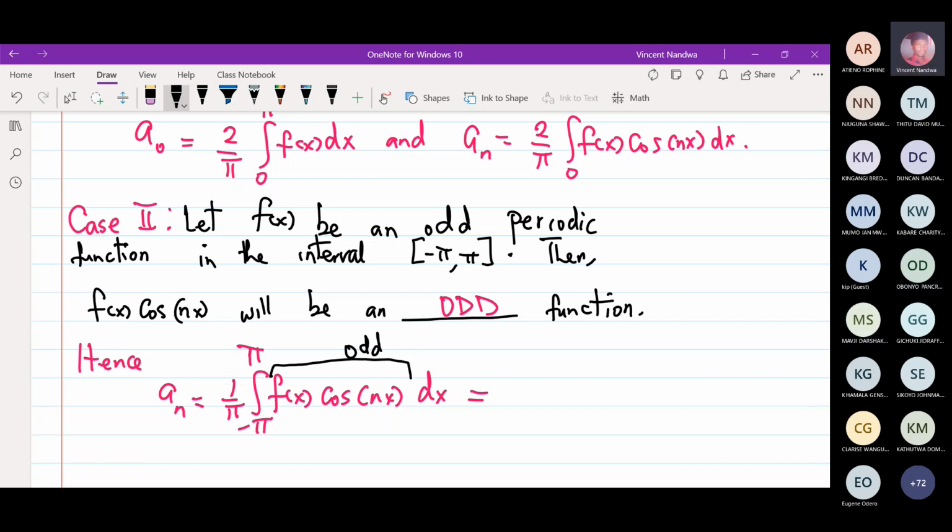Zero. It will be 0 because now we are integrating an odd function from minus pi to pi, the same case of minus alpha to alpha, so we get 0. And remember n is 0, 1, 2, 3, etc.